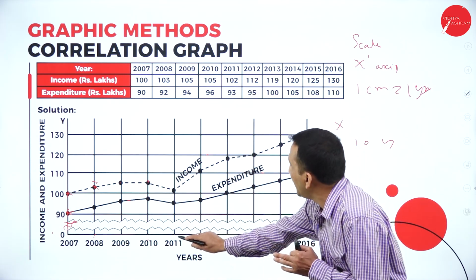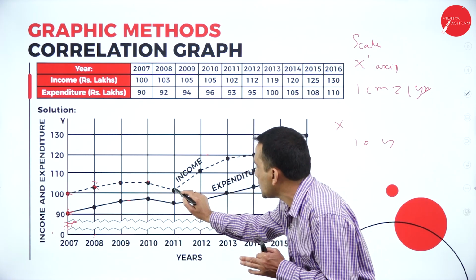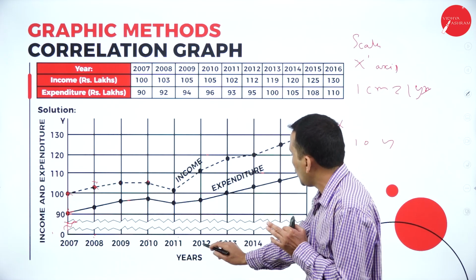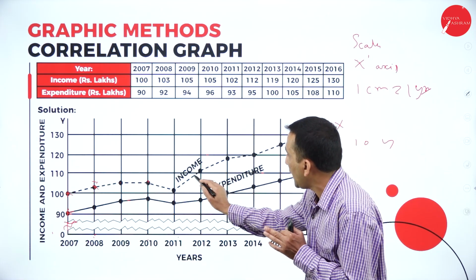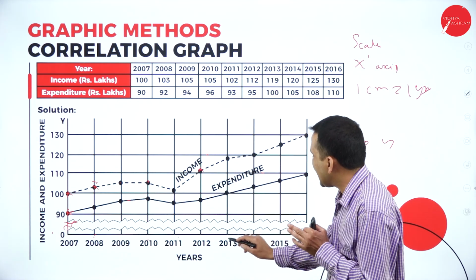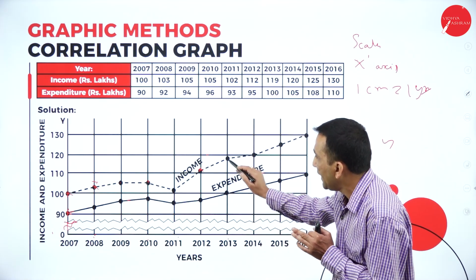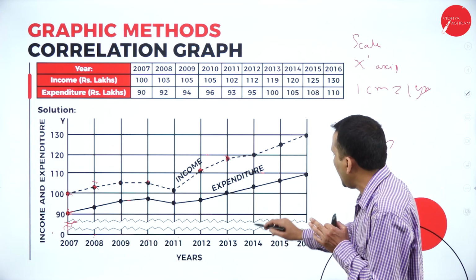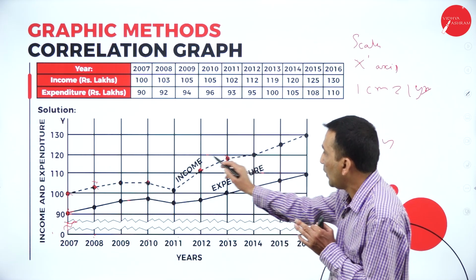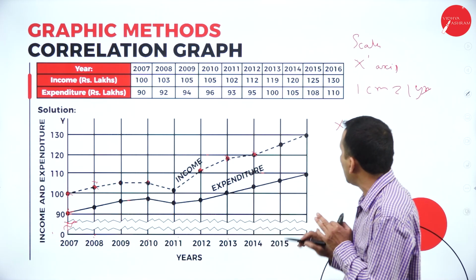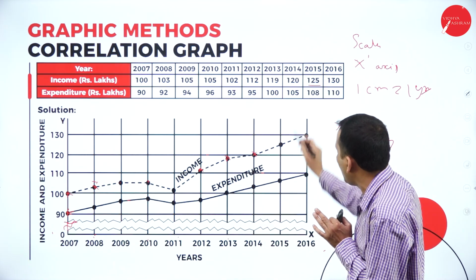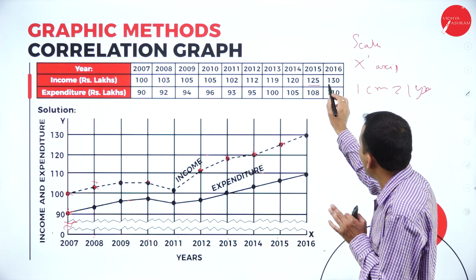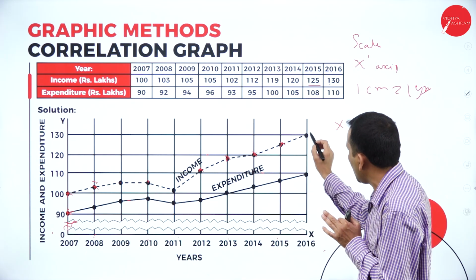In 2011 the value is 102, just above 100. In 2012 it is 112, somewhere here. In 2013 it is 119, below 120. In 2014 it is 120. In 2015 the value is 125, and the last value, 2016, is 130.